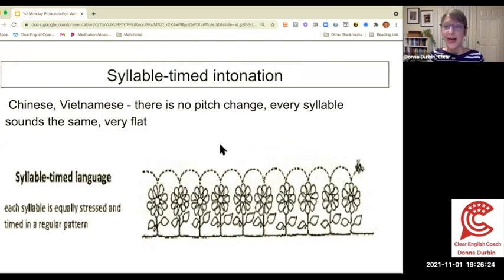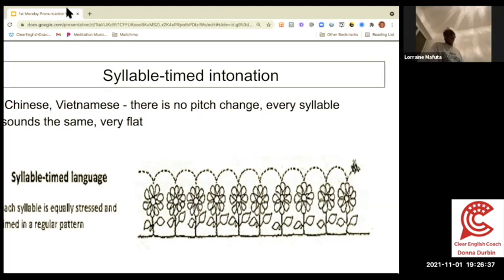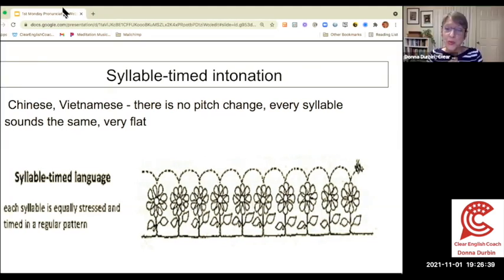Now, let's talk about intonation. Can everybody see this? Yes. Okay, so the difference between American English intonation and most other languages is that Chinese and Vietnamese are tonal languages, but your tones are very flat compared to our ears. So it sounds very straight. If you look at these flowers, they're all the same height and the same beat.